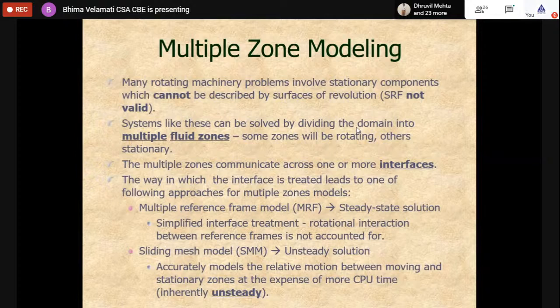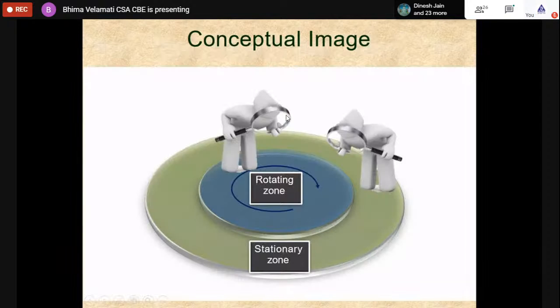Still, the solution will be steady state. You will not have a transient solution. So let us look at what it means. This is a conceptual image. You have a rotating zone, you have a stationary zone.